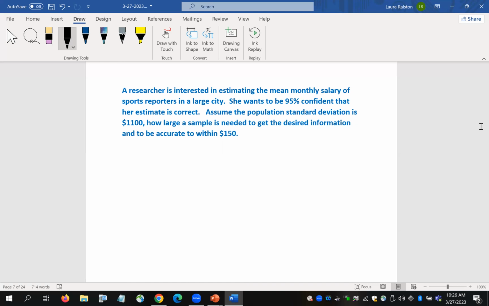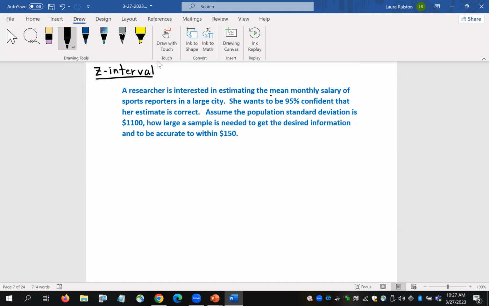But again, the fact that they've given me the population standard deviation, I know that I'm going to do a Z interval if I were calculating it. Okay, so you need to know this is a Z interval so that you know the formula to use.